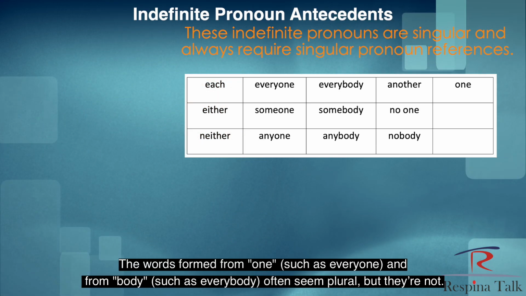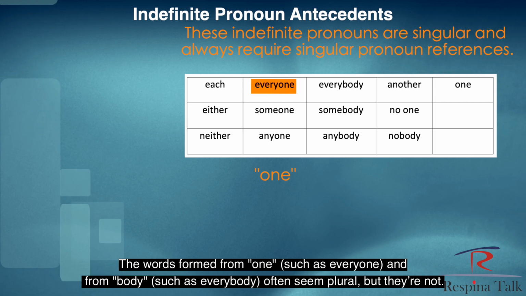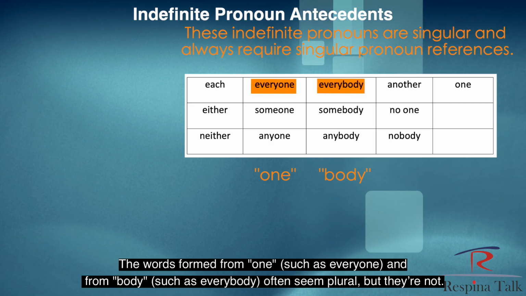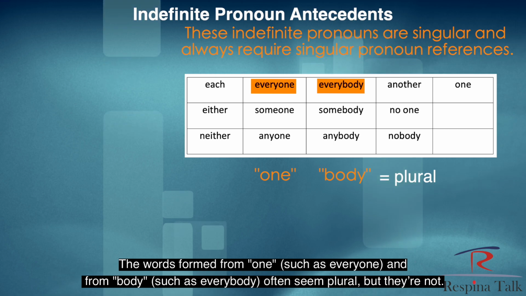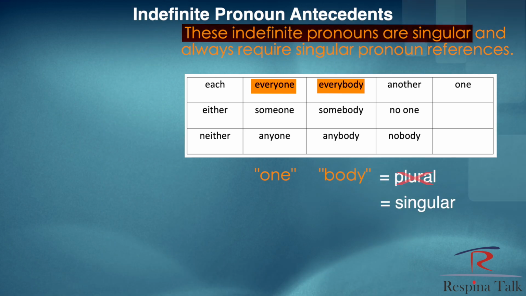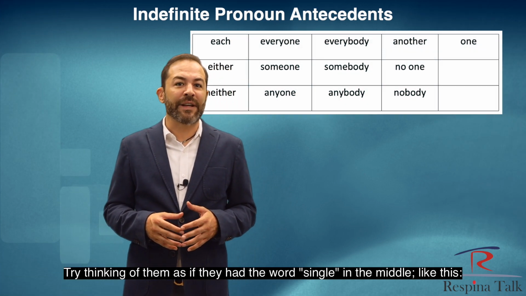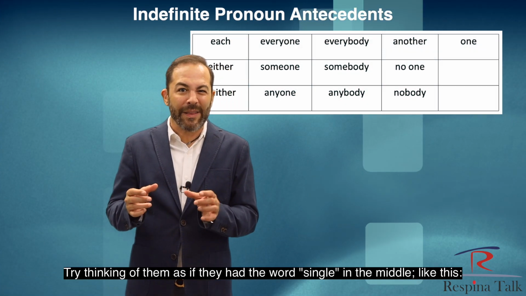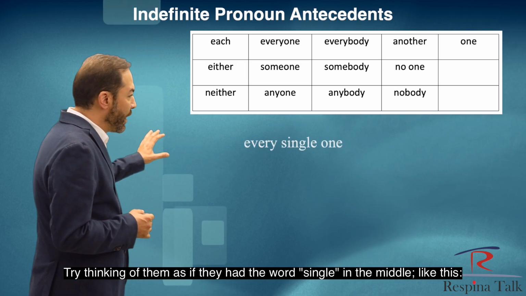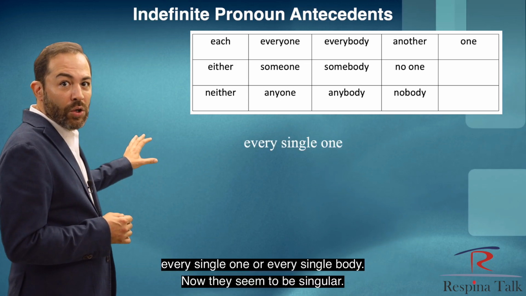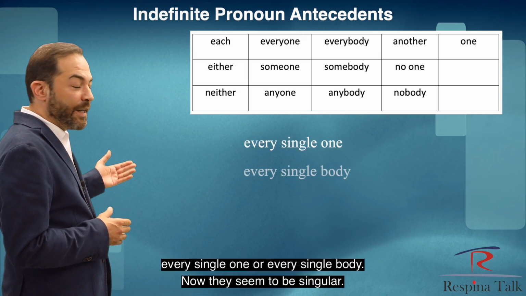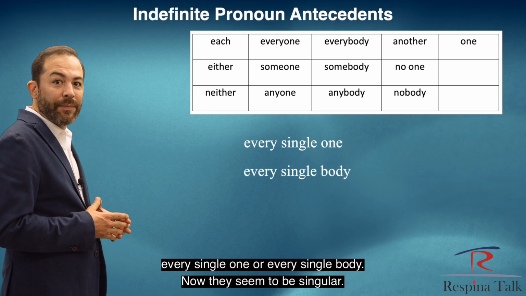The words formed from one, such as everyone, and from body, such as everybody, often seem plural, but they're not. Try thinking of them as if they had the word single in the middle, like this: every single one, or every single body.